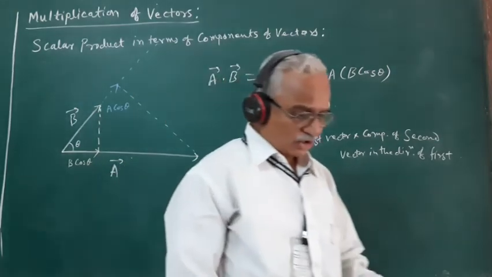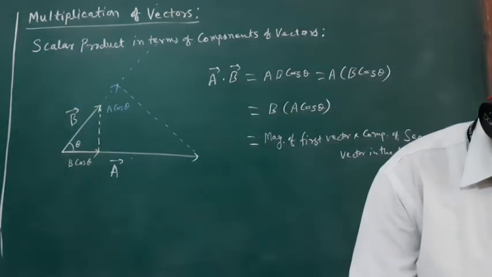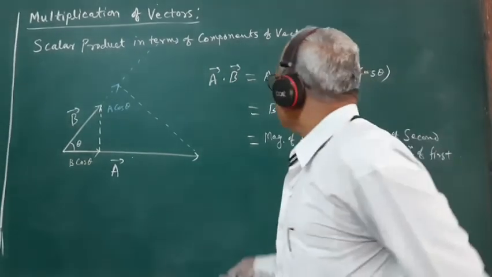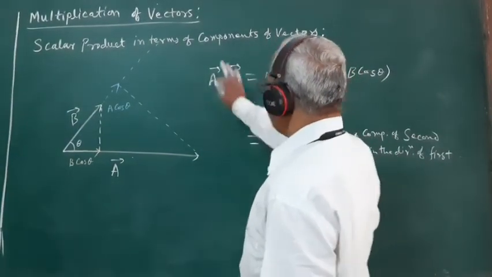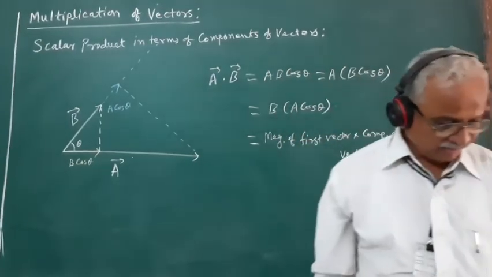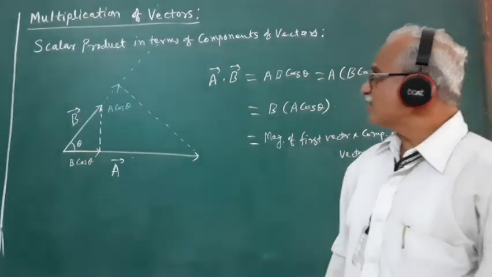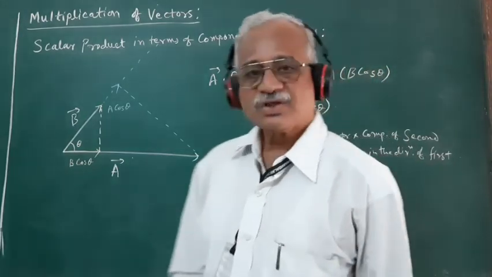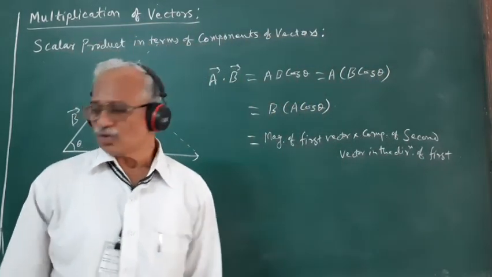So the dot product can be expressed like this, and if it is so, then we can say that A bar dot B bar is the same as B bar dot A bar. So that is about the scalar product or the dot product of two vectors.